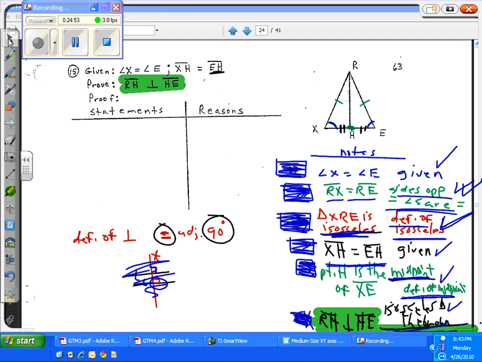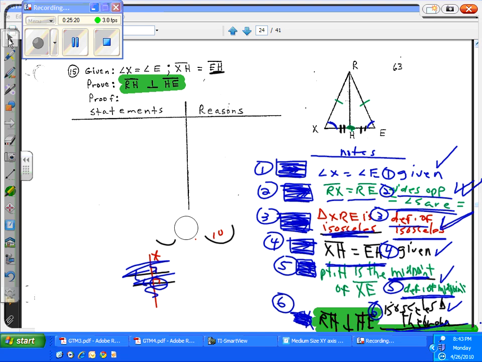And so this would be statement 1, reason 1, statement 2, reason 2, statement 3, reason 3, statement 4, reason 4, statement 5, reason 5, definition of a midpoint, statement 6, reason 6, isosceles triangle theorem. And so these two methods of proving it, we said, well, we're not going to use those.